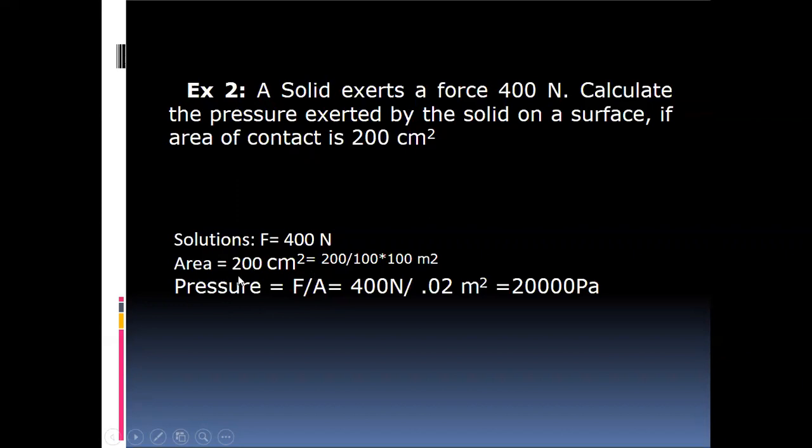Since it is in centimeters squared, we have to convert into meters squared. That is the reason why I have divided 200 by 100 into 100. So pressure is given by force by area. So 400 by 0.02 meters squared, which gives the pressure as 20,000 pascals.